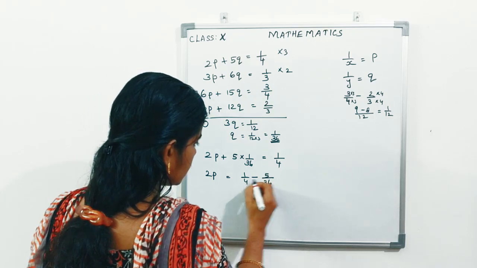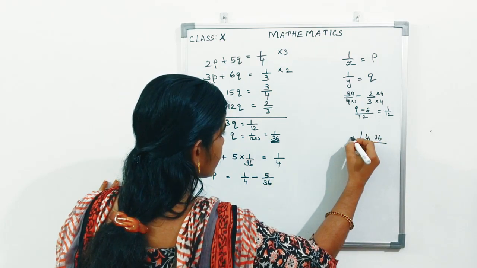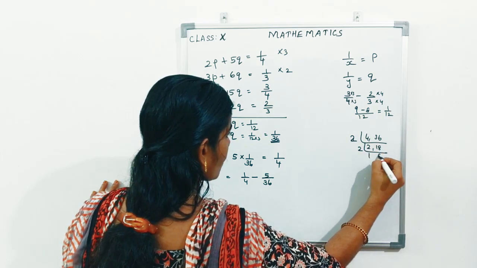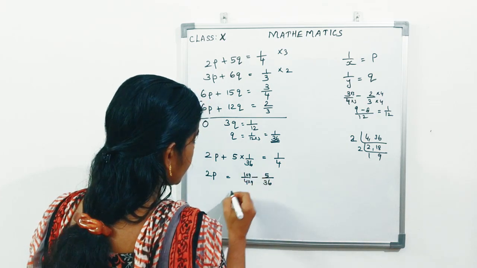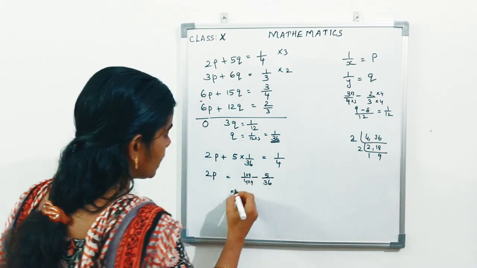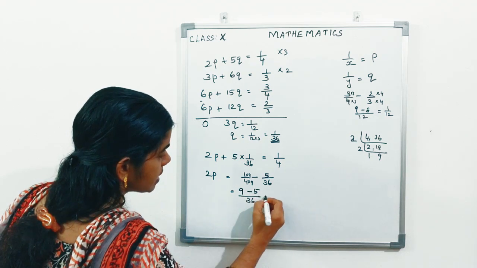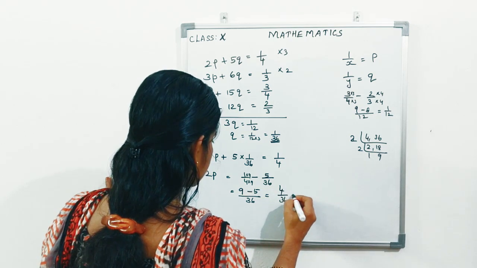Then here 4 and 36, what will be the LCM? 36 itself. Here you want to multiply with 9. 9 minus 5 by 36 is equal to 4 by 36.